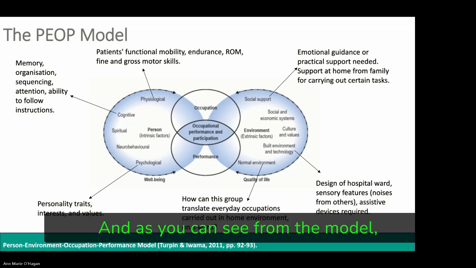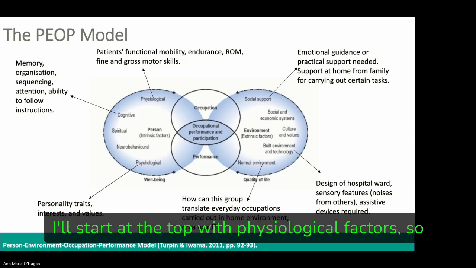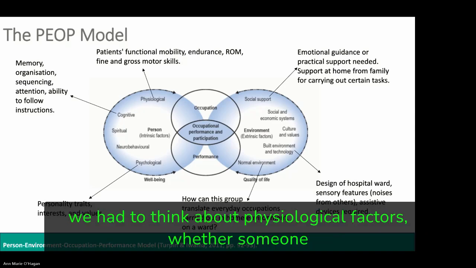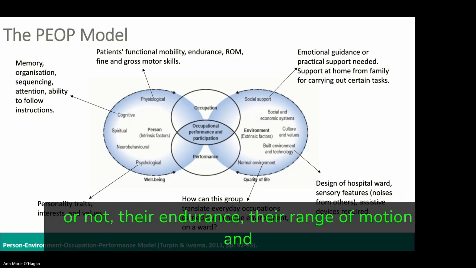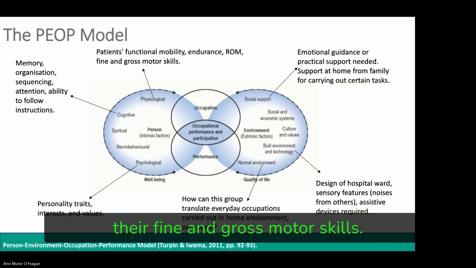And as you can see from the model, we've got various arrows coming out. If we look at the person intrinsic factors first, I'll start at the top with physiological factors. So we had to think about physiological factors, whether someone was able to mobilise, if they were functionally independent or not, their endurance, their range of motion, and their fine and gross motor skills.